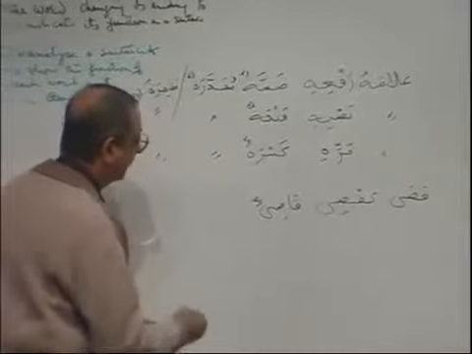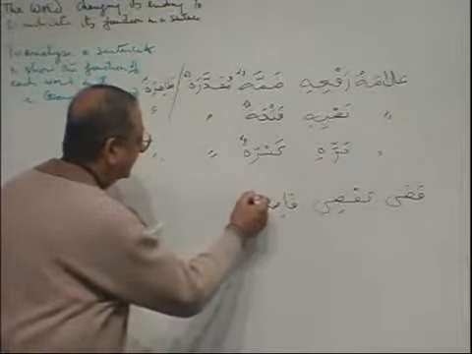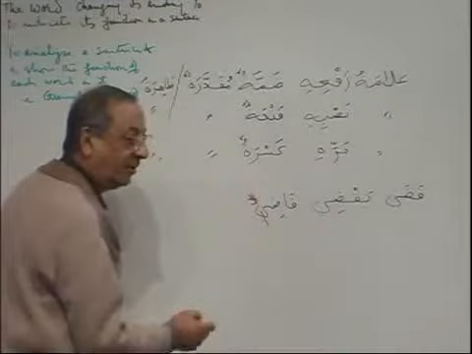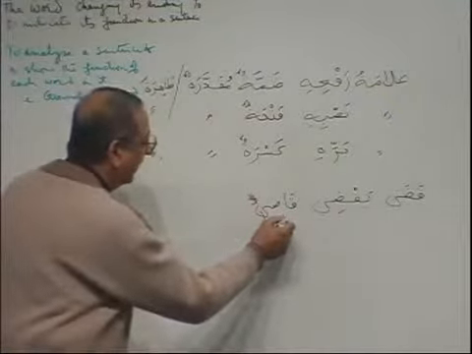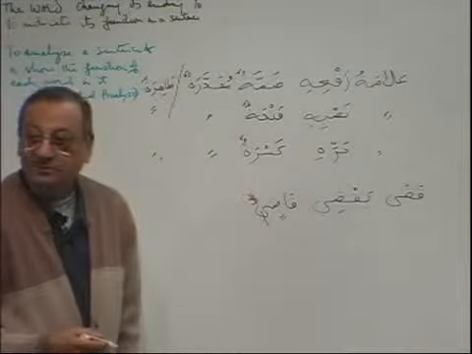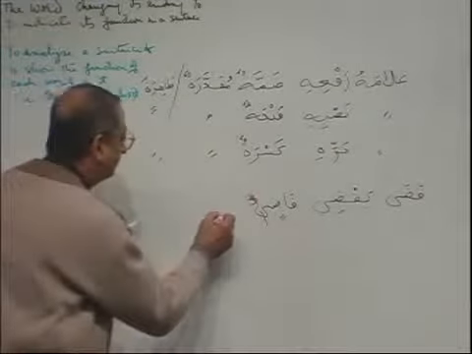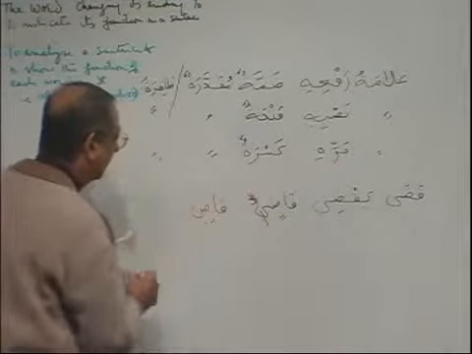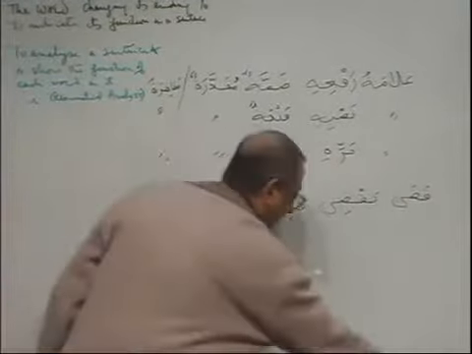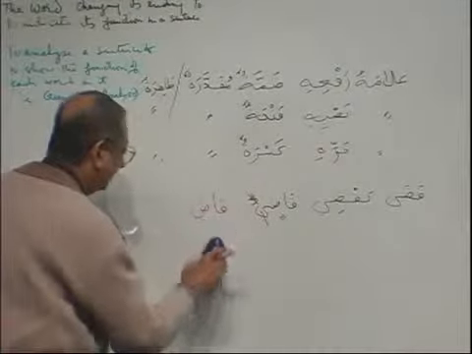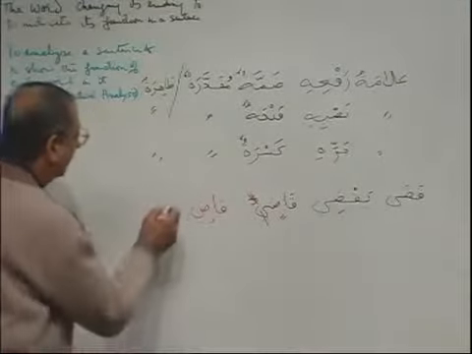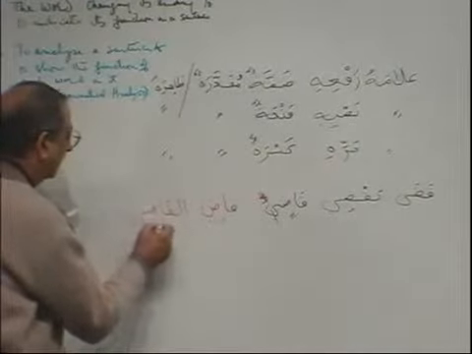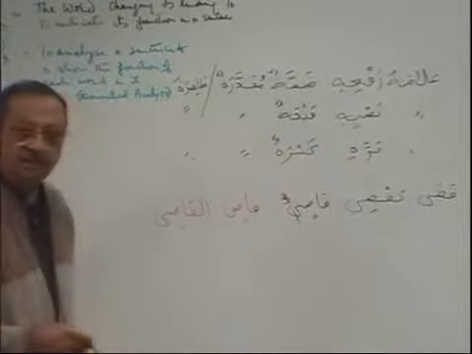The ya is dropped, and we give an extra kasra as compensation. So it became kadin. Remember, ya is dropped. But when you make it definite, then it will become al-kadi. Are you with me?